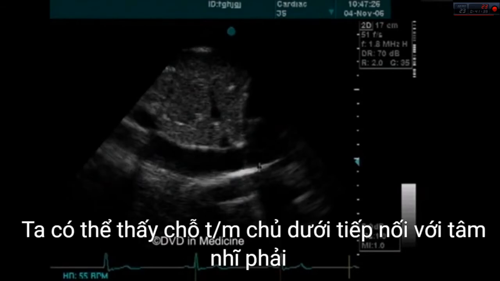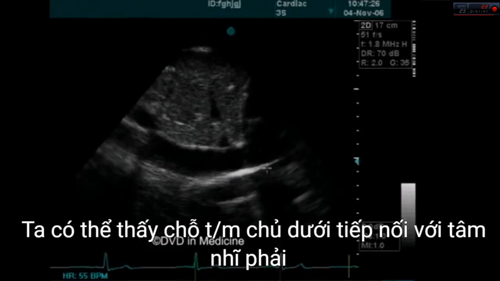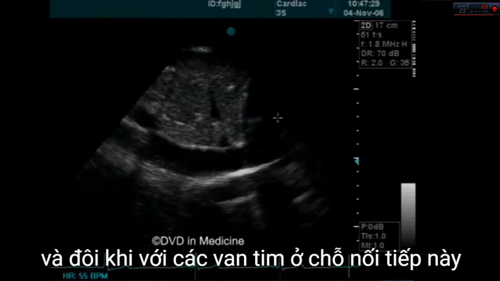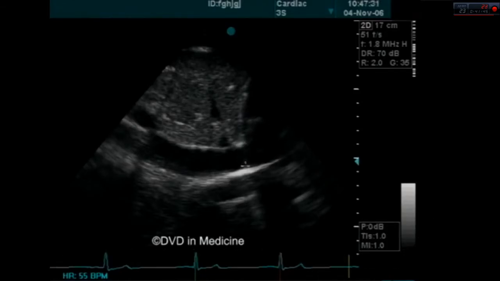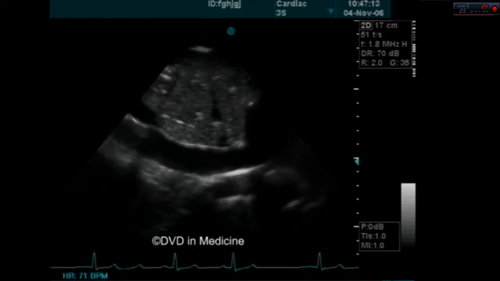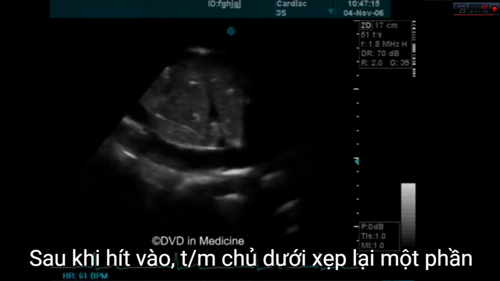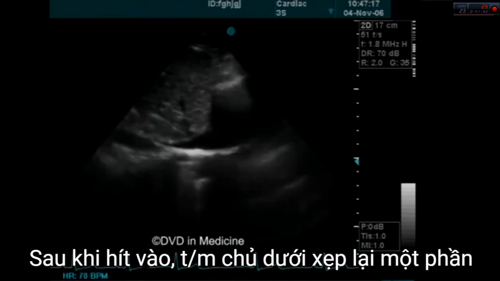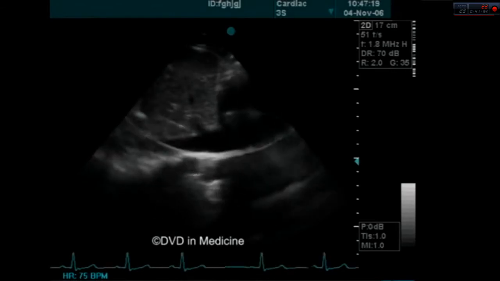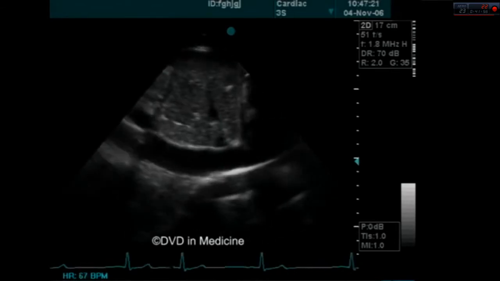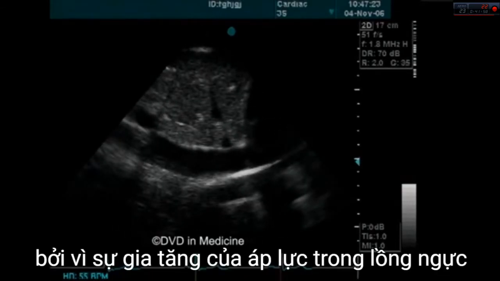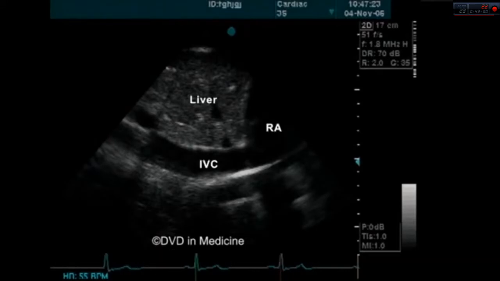One can see the place where the inferior vena cava connects with the right atrium and sometimes the valve at this junction. After inhalation, the inferior vena cava partially collapses, and after exhalation, it dilates because of an increase of intrathoracic pressure.